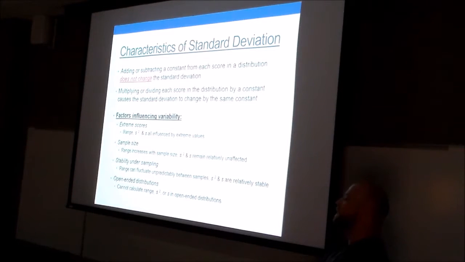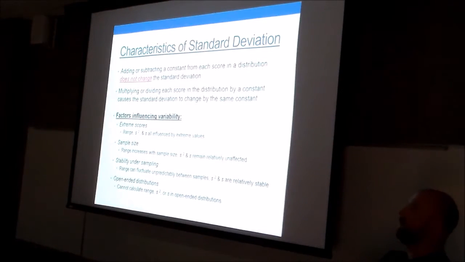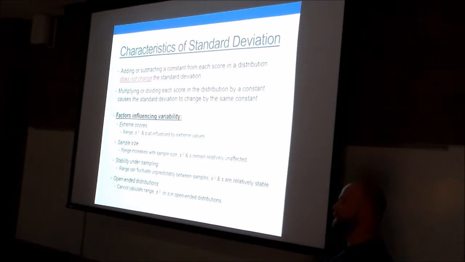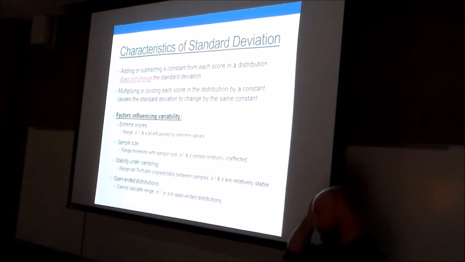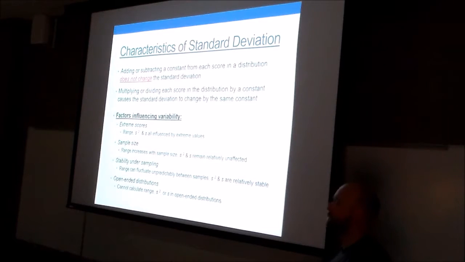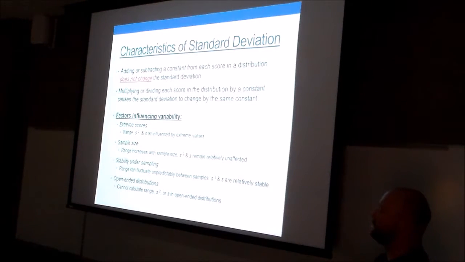So on average, all things being held equal, right? If I've got a good random sample, as my sample size increases, my range is going to increase. Why is this? Anybody help her out?